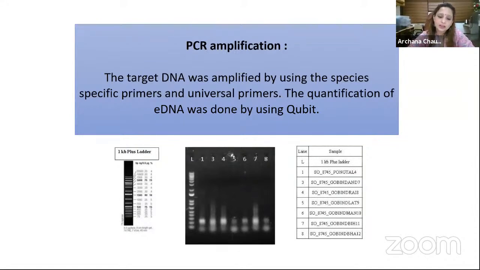And then we did it with the universal primer also, followed by quantitation of the eDNA using the Qubit fluorometer.